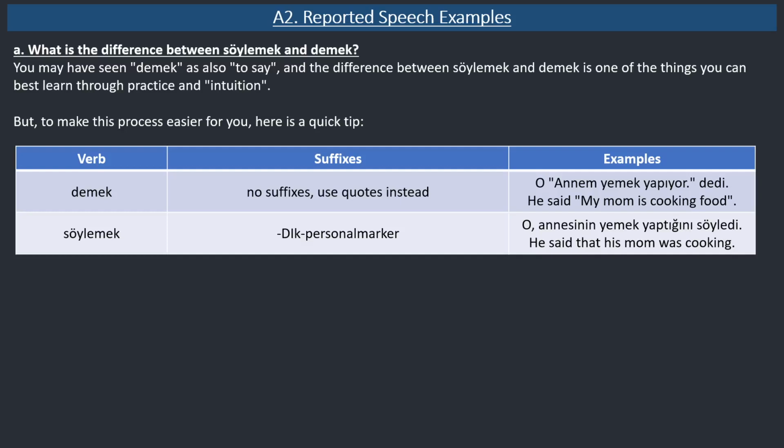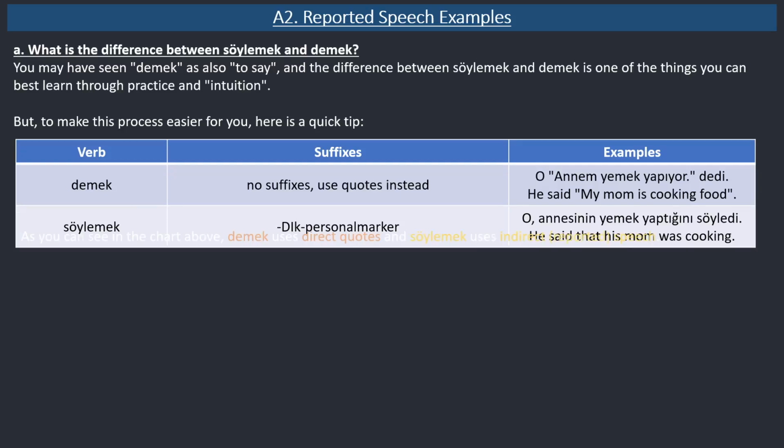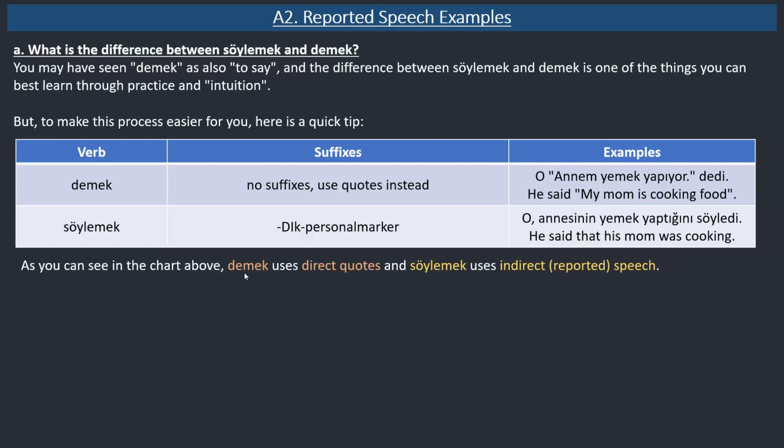Okay, so there's one more thing. As a general tip, I want to call it a general tip because there can be cases where this might not be correct. You should always be careful with this one. But for now, you can just think of this like demek is like direct quotes, söylemek is indirect or reported speech.